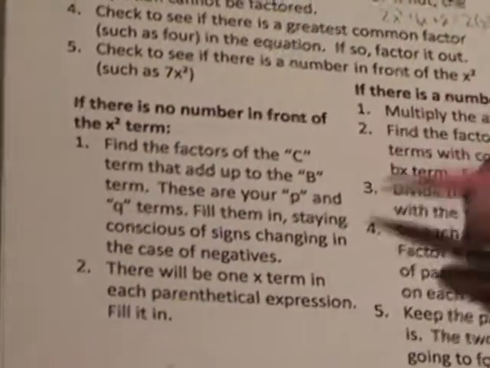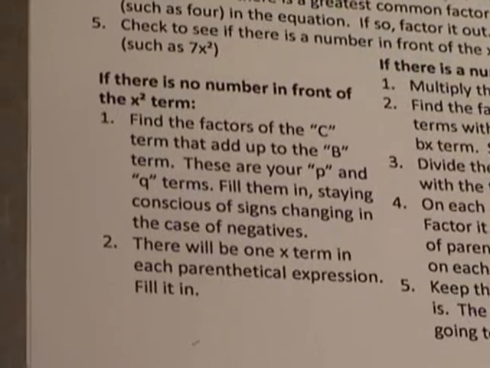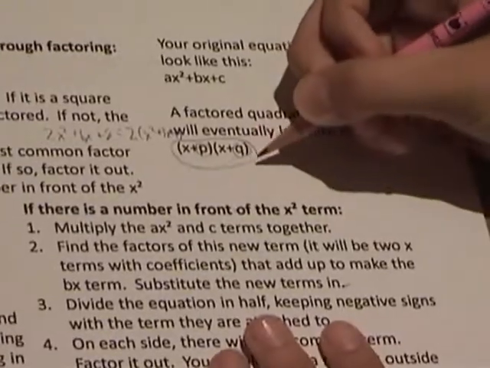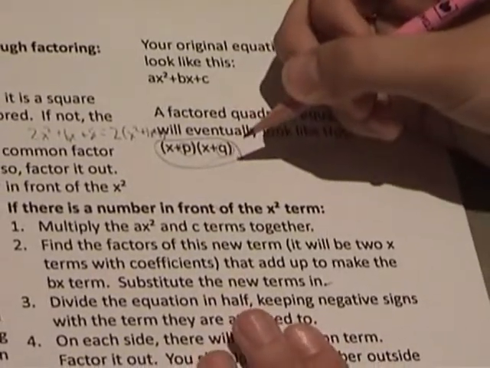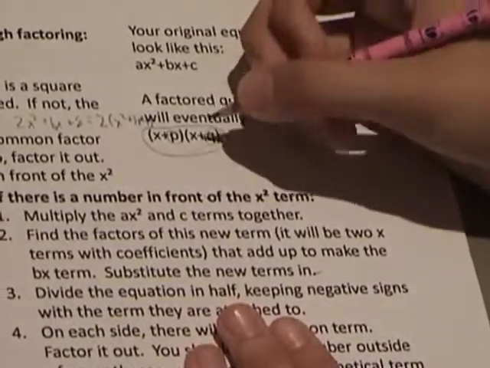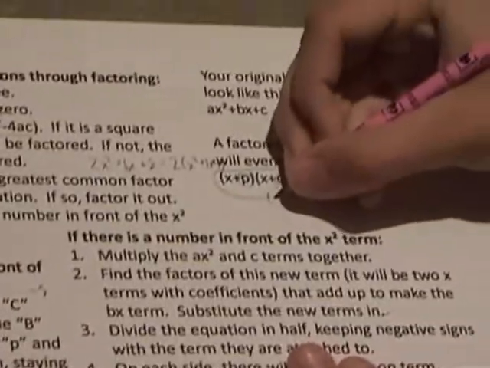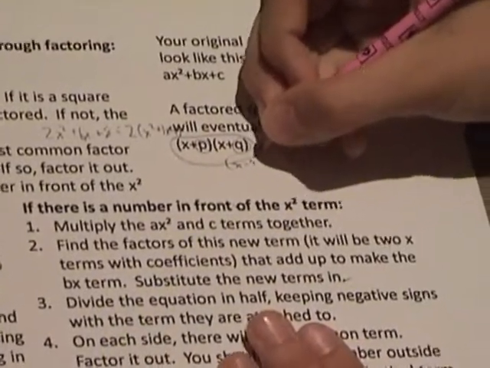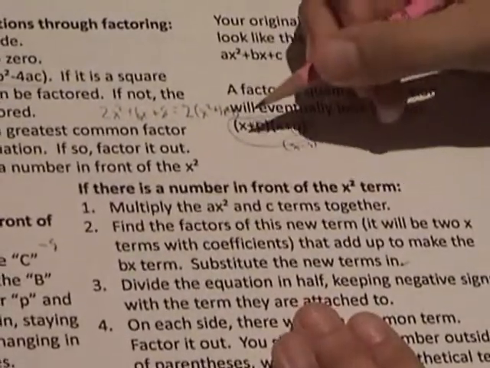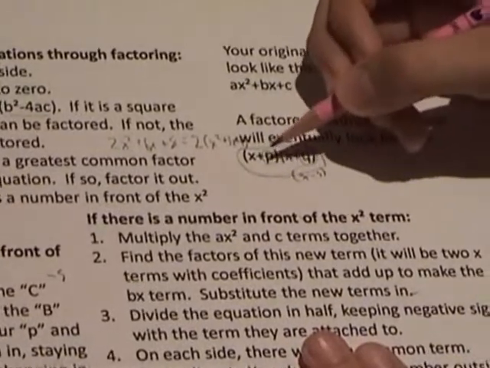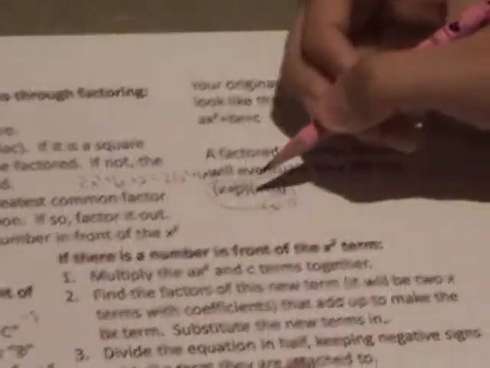The factors of c that add up to b will be your p and your q terms. Fill them in. But remember, if one of them is negative 5, it's changed to x minus 5. There's going to be one x term in each one, since x times x is x squared. And you're just going to write the x's in.